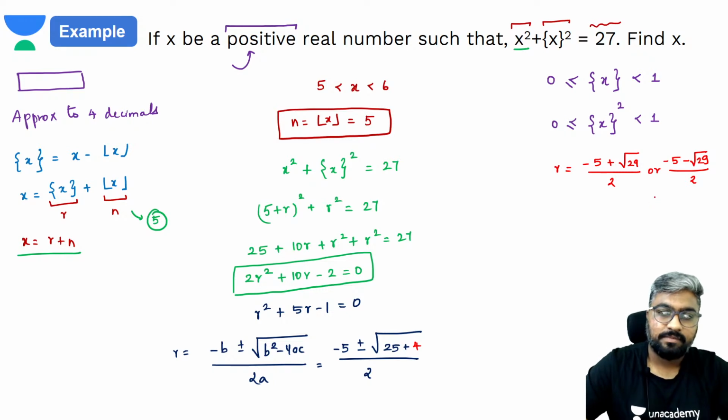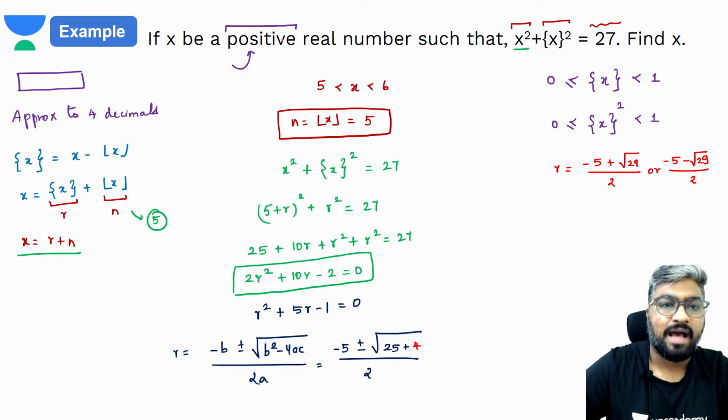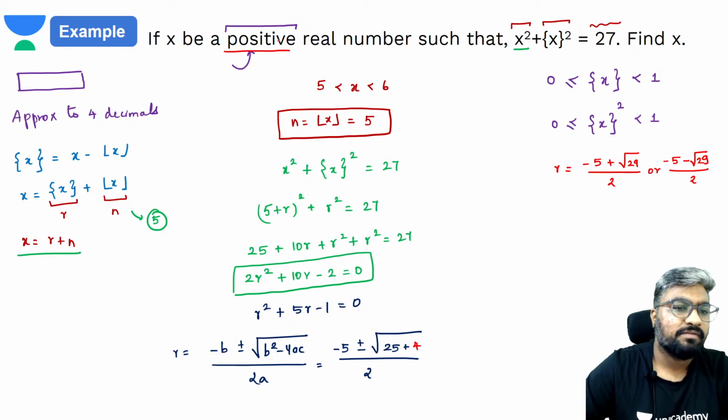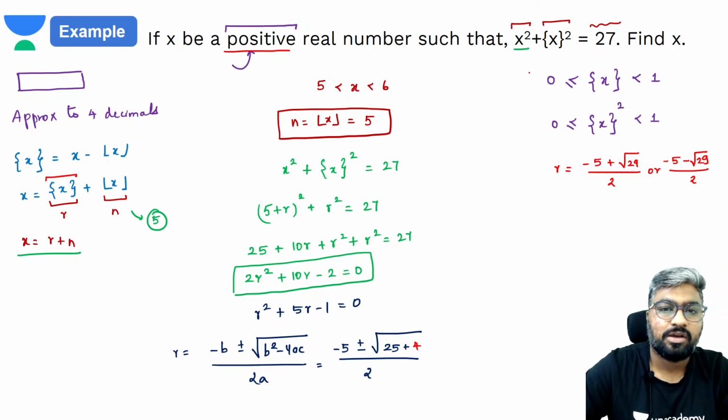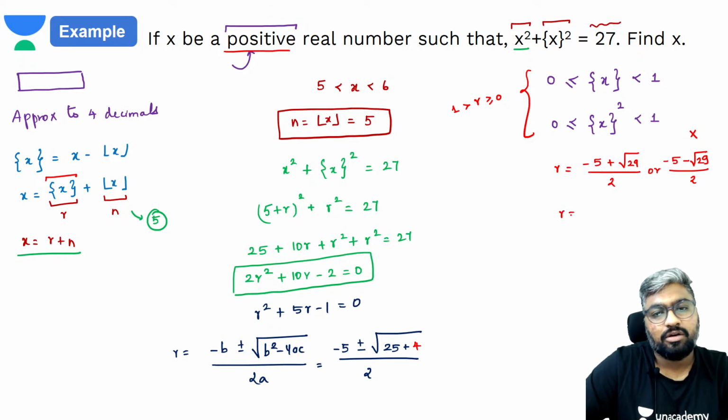Now because x is a positive value, the fractional part should also be positive. Our r has to be greater than or equal to 0 and less than 1, that means it can't be negative. So what is the possible value of r?